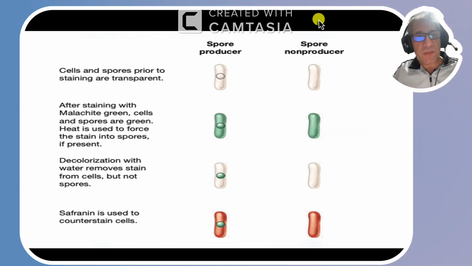A simple image about the stain. So cells will be stained, like before, with the malachite green.